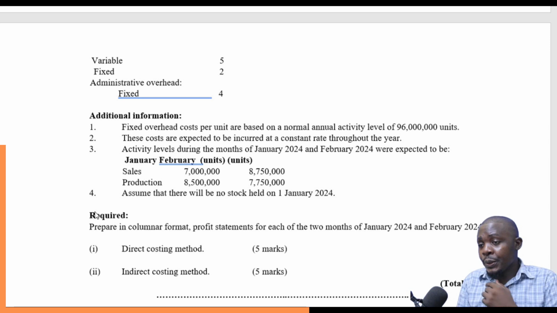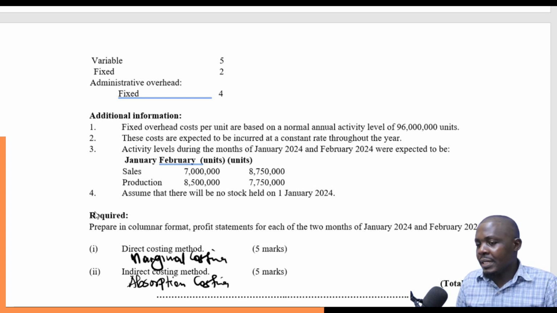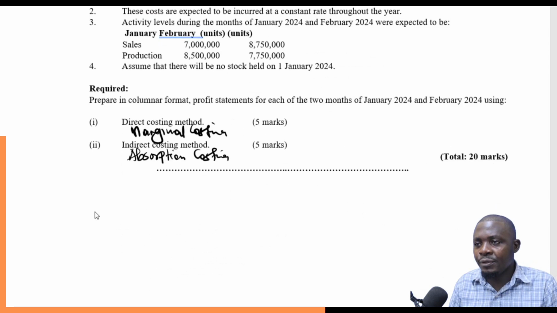Now what we need to know: the direct costing method, in short, they are saying that we have to prepare the costing using the marginal costing or the variable costing. Then this one we have what we call absorption costing. Once you know that, then it becomes very easy for you.